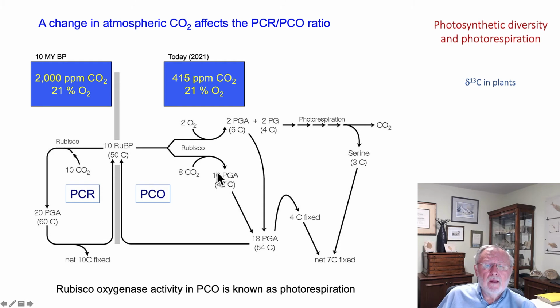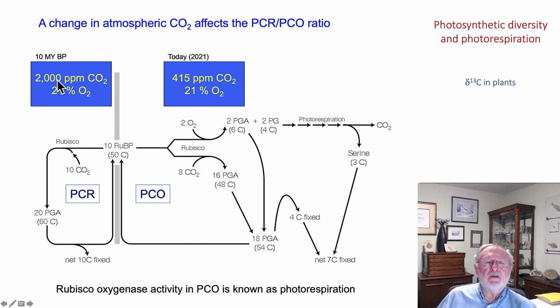Now, the cycle I've been describing so far is a photosynthetic carbon reduction cycle. That is, CO2 molecules combine with RuBP through Rubisco and form PGAs. And for 10 cranks of the cycle, 10 carbon molecules are fixed as organic matter.